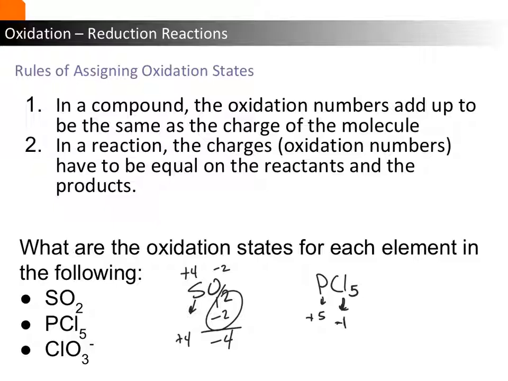Finally, chlorate, as I had just mentioned, is a polyatomic ion, ClO3 -1. Now, I know that in the end, all of my oxidation numbers have to add up to equal a -1 charge. So we need to figure out the oxidation numbers for each of these elements. As we mentioned before, oxygen is always -2. And there are 3 of them, so overall I have a -6.